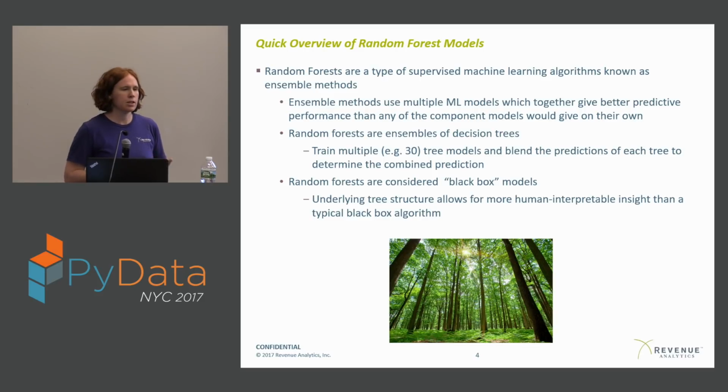Random forests are considered black box models, which just means that they have a complex structure, not necessarily easily interpretable to humans. But as I'll get into later, the fact that they have this underlying tree-based structure does allow for at least a little more human interpretable insight than maybe your typical black box algorithm.